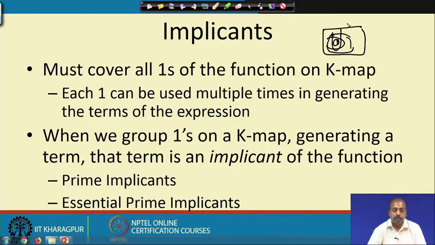Now, when we group ones on a Karnaugh map, generating a term, that term is called an implicant of the function. So what is an implicant? It means that term can generate some 1 in the Karnaugh map, and we can classify implicants into prime implicants and essential prime implicants. We will see what they mean.